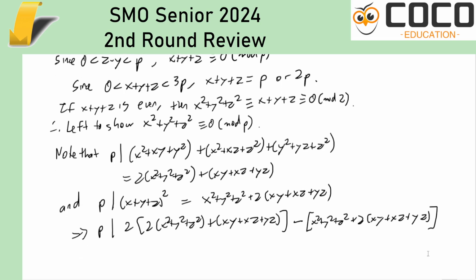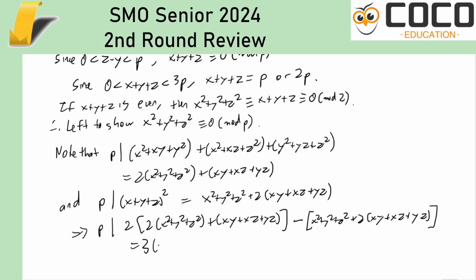Which gives me 3 times x squared plus y squared plus z squared. So that means p divides x squared plus y squared plus z squared, or p divides 3.